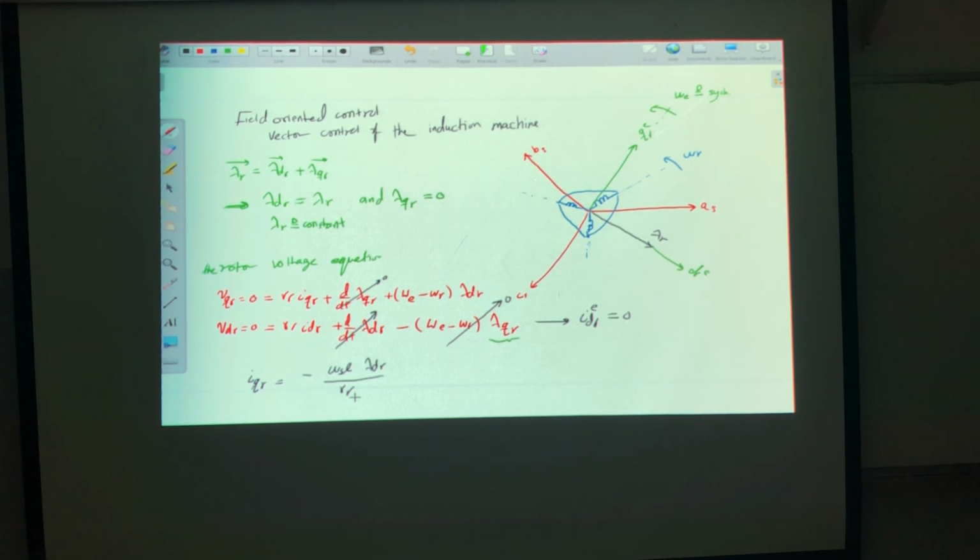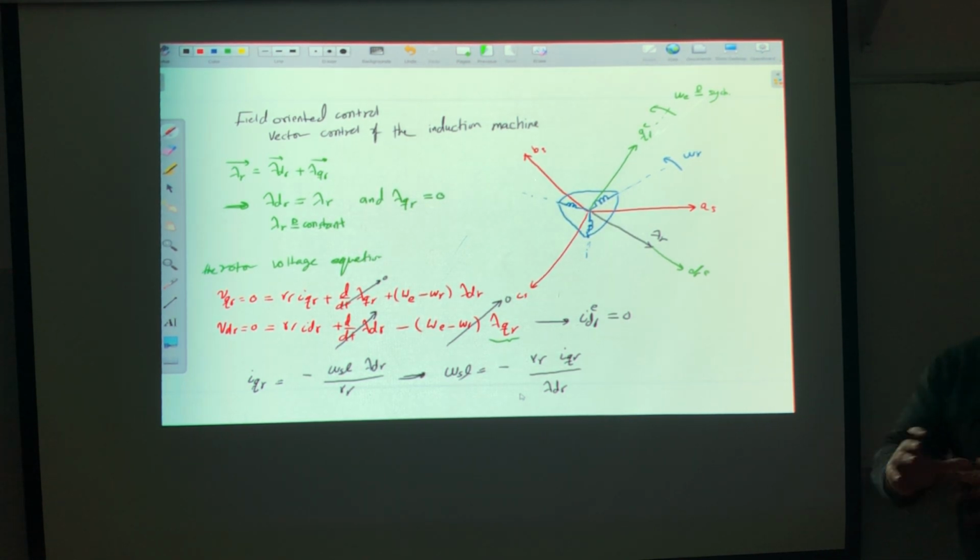Now, let's try to represent IQR or lambda dr. Simply here, I can say that omega slip will equal to minus, rearranged, R IQR over lambda dr. Now, if I know omega slip, and I know omega R, I know the synchronous speed that I need.